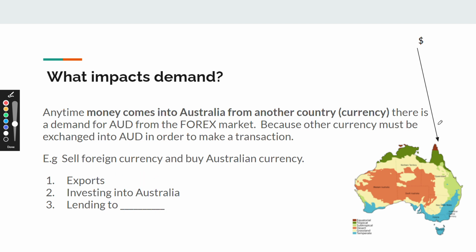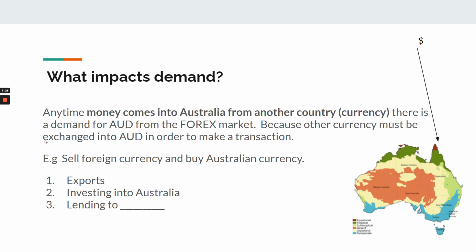Now, another example would be if a foreign country or a foreign business was to invest into Australia, they would lend us the money in a different currency. We would sell that currency and we would buy Australian dollars, which would increase demand. Finally, if a foreign country or foreign institution was to lend money to Australia, again, that would increase demand.